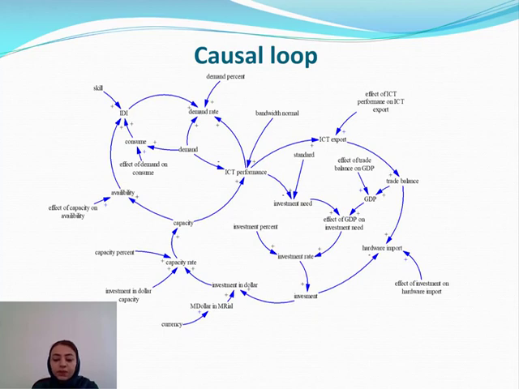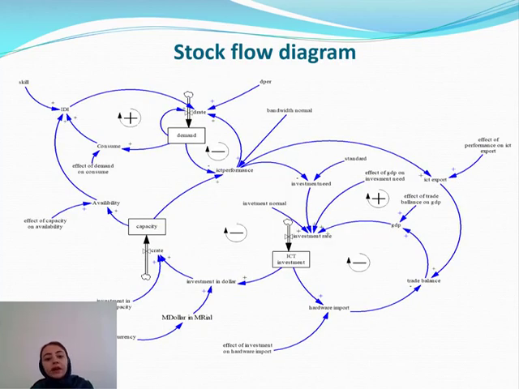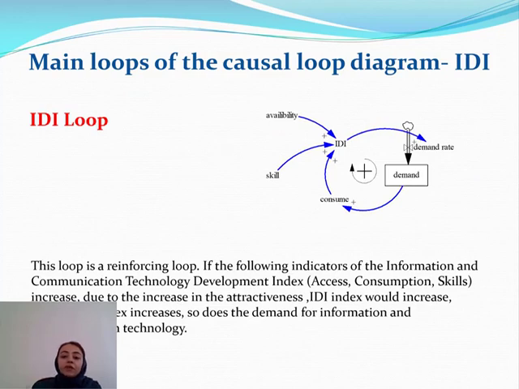From the causal loops, we plotted the stock and flow diagrams, and in this diagram we have 5 main loops. The first loop that we want to study is the IDI loop. IDI, as we know, has 3 important subsets: availability, skill, and consume. Whenever availability, skill, or consume increases, the IDI index increases.